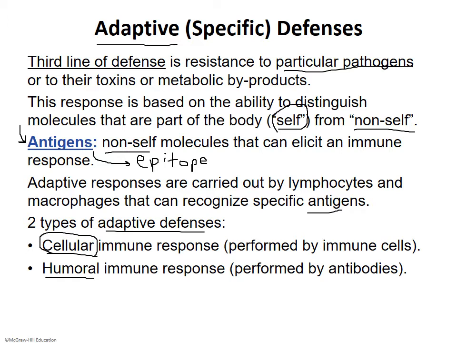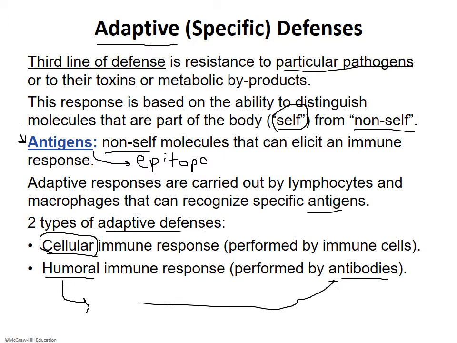The word humoral means body fluid. All right, that's why in the eye we had the aqueous humor and the vitreous humor. Humor is old school wording for body fluid. This will use antibodies, which travel in plasma, body fluid.